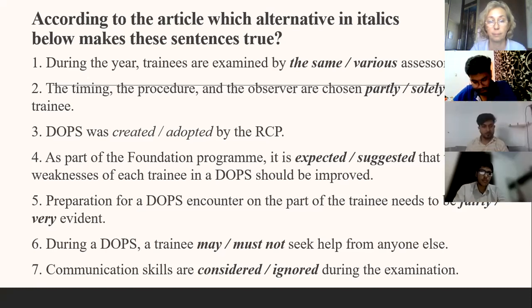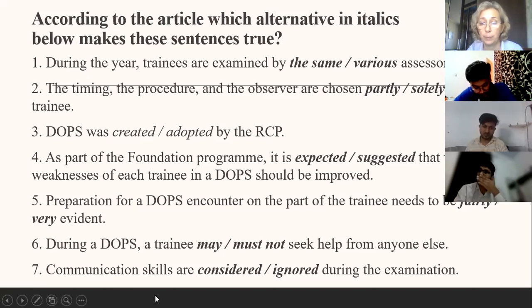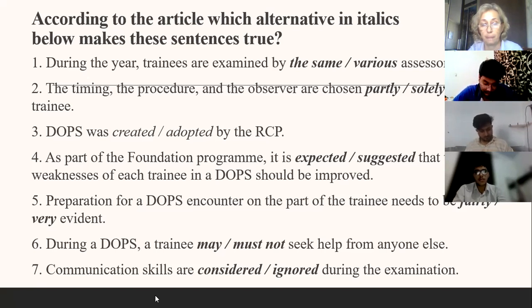Preparation for a DOPS encounter on the part of the trainee needs to be, ma'am, fairly evident because he is a trainee, so it's fairly evident. Fairly or very? Ma'am, it's fairly evident. Fairly sounds not as strong as very. Ma'am, because he was a trainee, that's why I was saying. No, this is not a program to undergo training.